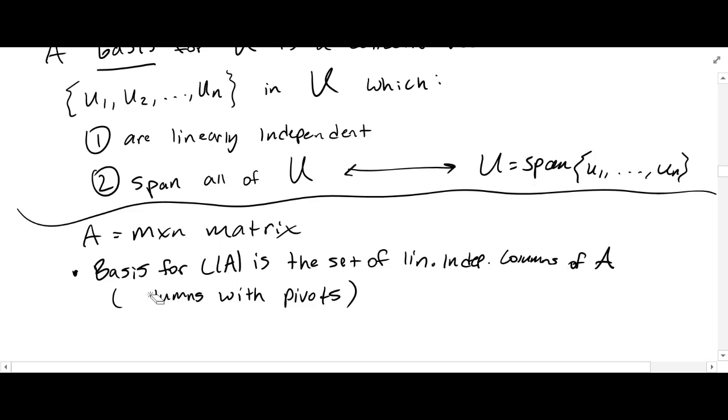When you do row reduction, you determine which columns have pivots. Those are the linearly independent columns, and those columns form a basis.